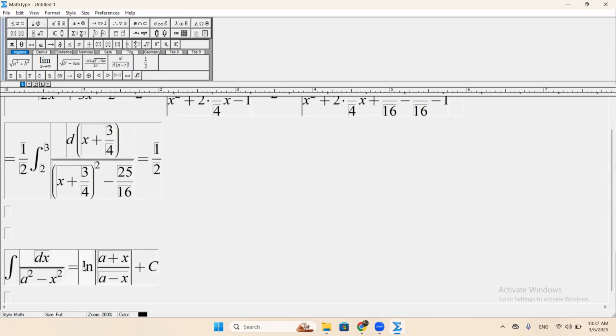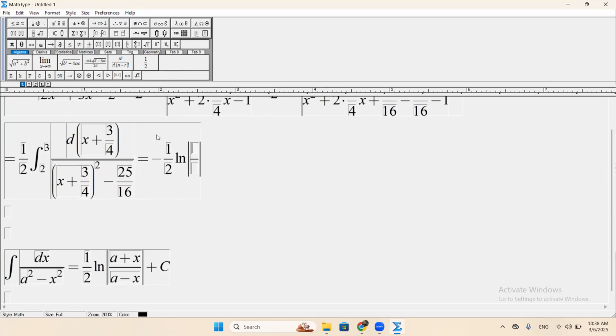Here we have another order, so let's use minus here, and then we write our fraction.